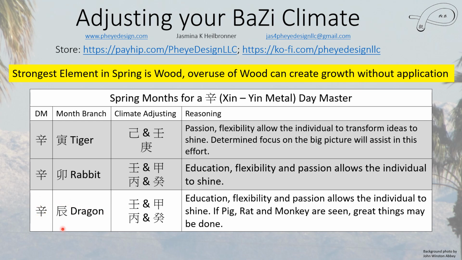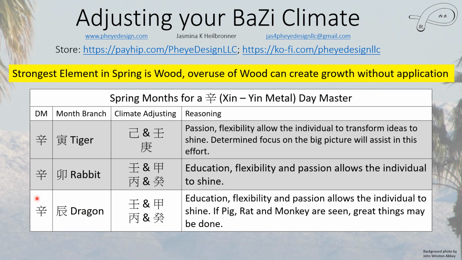And then the sin metal, born in the month of the dragon, they need education and flexibility, basically the same thing as the rabbit, but they have an advantage. If they happen to have a pig, rat, or monkey someplace else in their chart, because dragon's not included, so it has to be in one of the other pillars, then great things may be done, and you can become very, very famous.